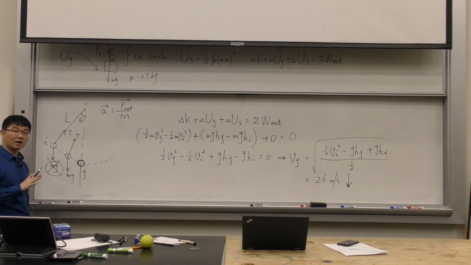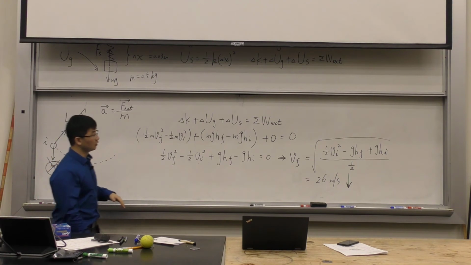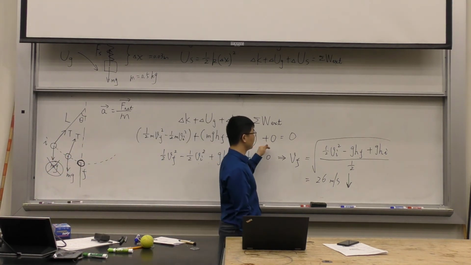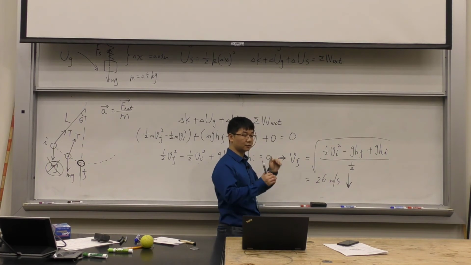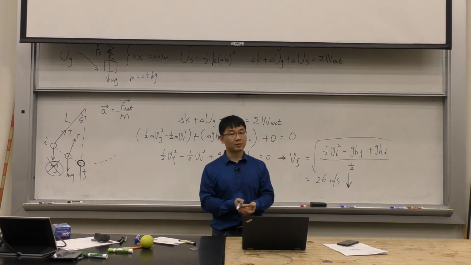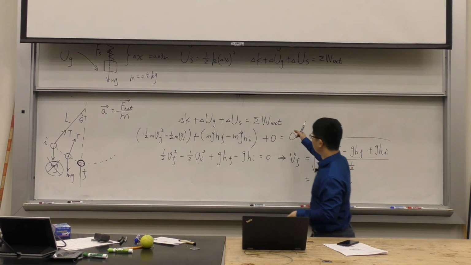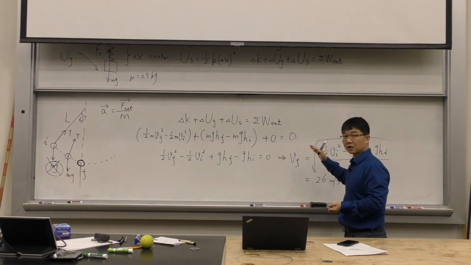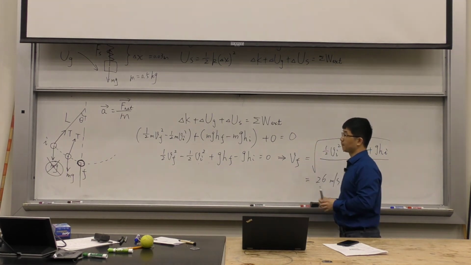I'm not saying gravity is not doing work in this case. Gravity is still doing work, right? You can still do force times displacement times cosine theta. It's only because we don't consider gravity a force from the outside on this system. We consider gravity inside my system, so it's not work from the outside, and I don't calculate it on the right-hand side.